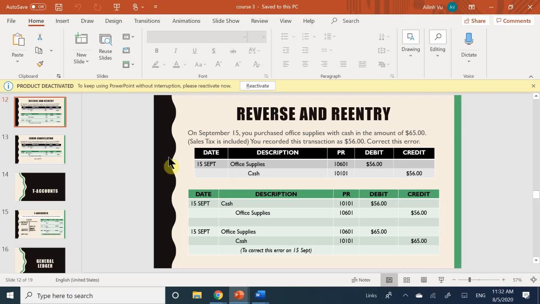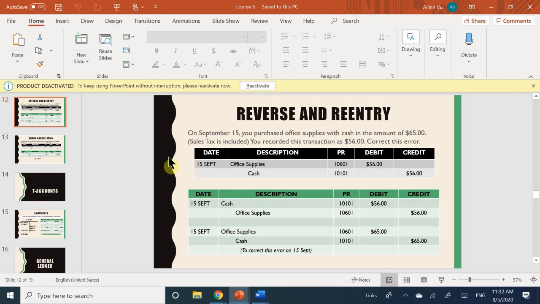And essentially, if you think about it, yes, you are returning the items. That's how you reverse a transaction. That's how you zero out your transaction. Figuratively returning the items, yes, not physically. Yes. Got you.